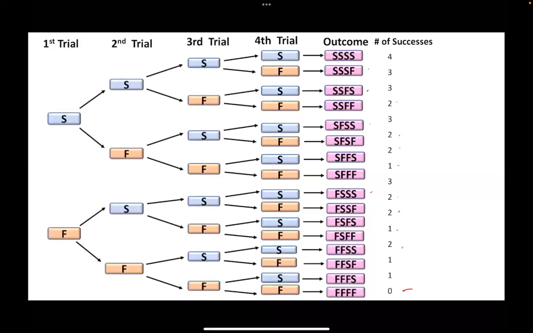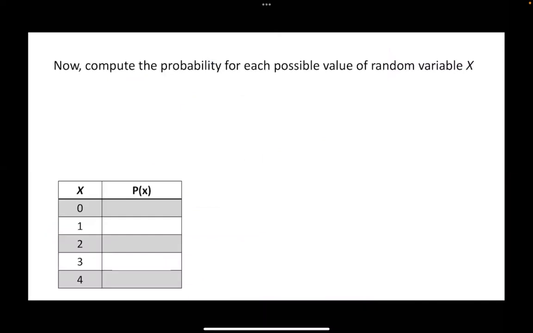This is going to become important when we're actually doing the math and building our probability distribution. As I said, I am not going to require you to build one of these, just showing you the math behind it. All right. So we're going to compute the probability for each of the possible outcomes. The probability of having 0 successes was pretty easy.